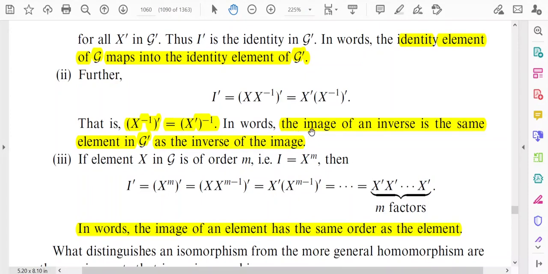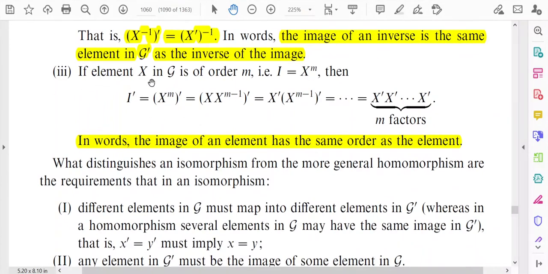In other words, the image of an inverse is the same element in G' as the inverse of the image. Image of an inverse is the same element in G' as the inverse of the image, because (x inverse)' is equal to (x')inverse. That is the result.